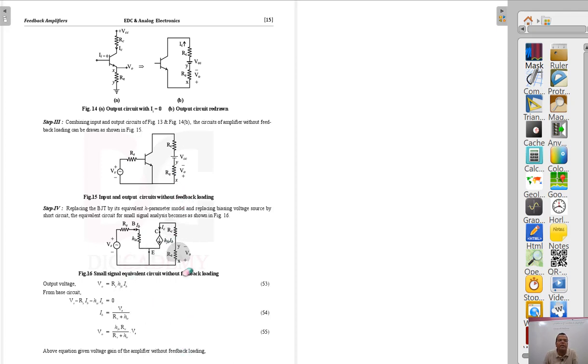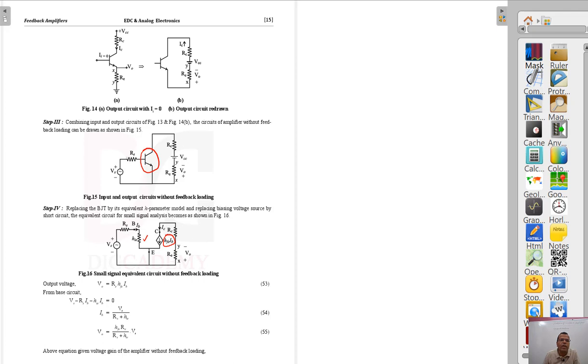Now the next step is you replace this BJT by its small signal model. When you replace it by its small signal model, on the input side this is the resistance hie, and from the collector side this is hfe into IB, a current dependent current source.